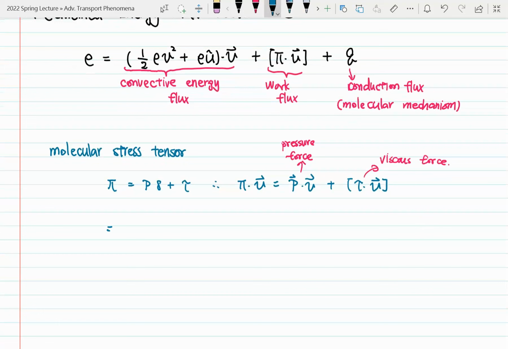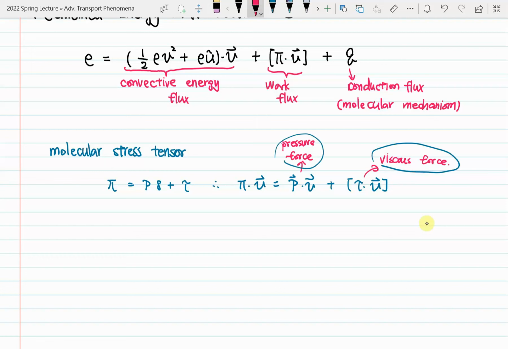So let's try not to jump steps. If you go back to our combined energy flux vector, we have decoupled the work flux into two terms, the pressure force and the viscous force.